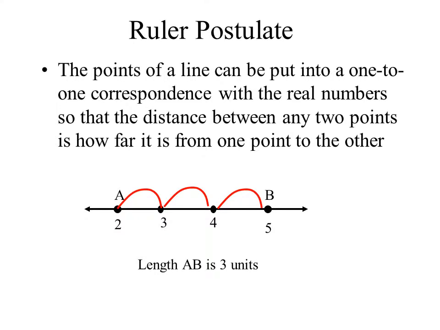Another way to determine this is to take the higher number and subtract the lower number. So 5 minus 2 gives me 3. So I know the length of segment AB is 3 units.